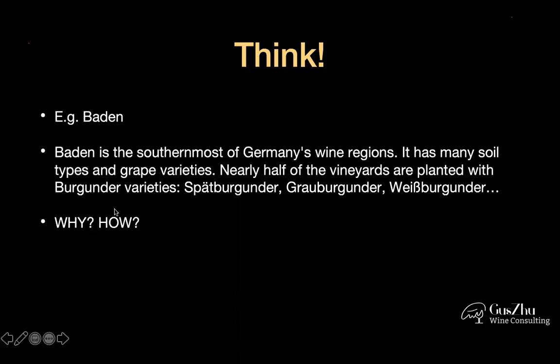For example, I'm thinking why Baden is suitable for planting Burgunder varieties. Why, as compared to other parts of Germany, like the Mosel Valley, can we plant quite a lot of Spätburgunder here? And how can even some of the Spätburgunder, aka the Pinot Noirs in Baden, achieve the Grand Cru level in Germany, which is the Grosses Gewächs, GG level?